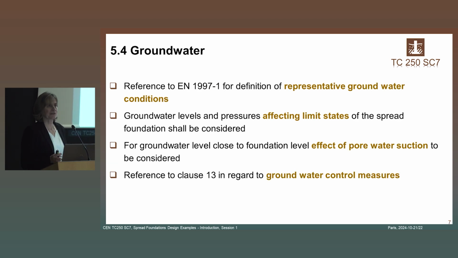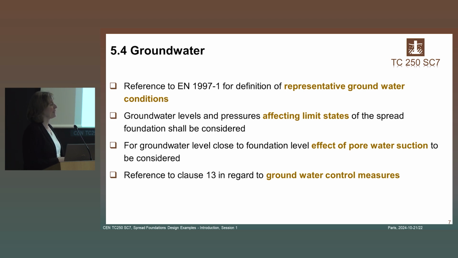Compared to the existing code, the current version, there's also an explicit guidance on the groundwater in each chapter, and here we have it in subclause 5.4, where reference is made to Part 1 regarding the definition of representative groundwater conditions. That means groundwater levels, for example, and pressures. It is stated here that you should consider those levels and pressures as long as they affect the limit states of the spread foundations, of course.